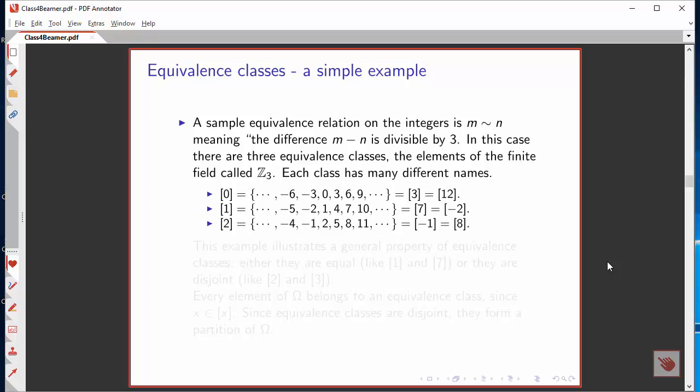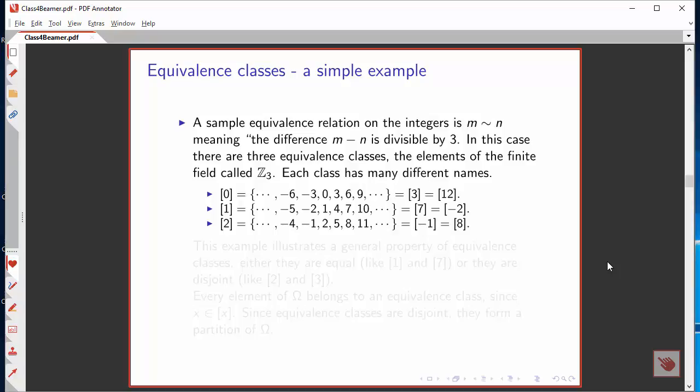Here's a simple example. An equivalence relation that works for the integers, symbolized by m tilde n, is: take the difference between the two numbers, and that integer is divisible by 3. And in this case, there are precisely 3 equivalence classes. You may have seen them in another course as the elements of the finite field called Z3.